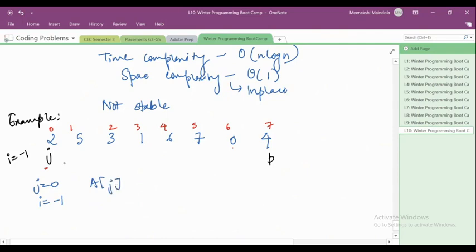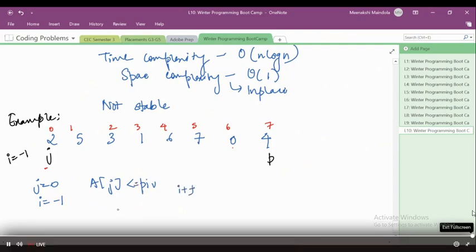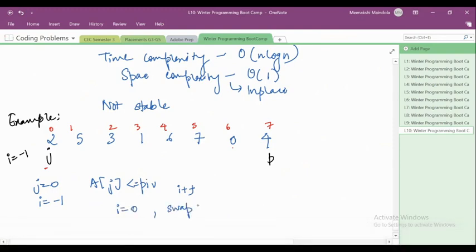So you say a of j here is less than the pivot element. What do you do when it is less than or equal to the pivot element? You are going to increment the value of i. So i now becomes 0, and you swap a of i, which is a of 0, and a of j, which is a of 0 again.